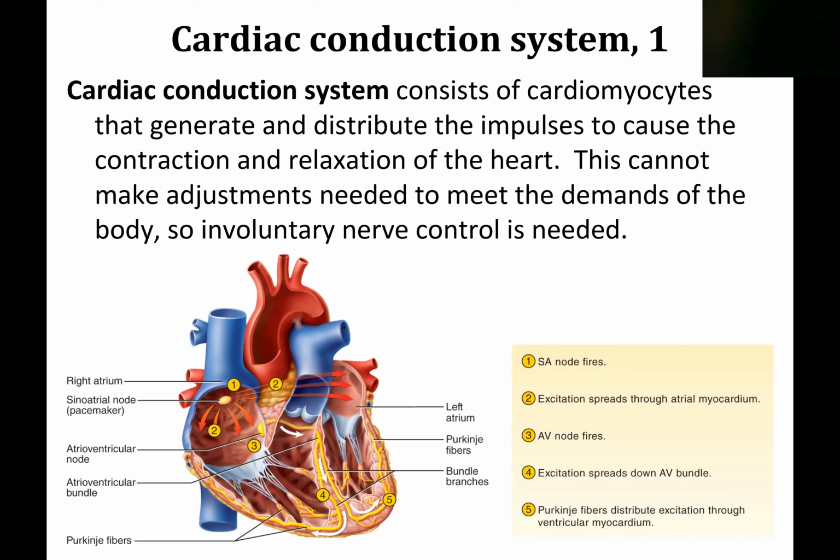And so that's why, yes, we do have nerves attached to the heart so that we can either increase or decrease heart rate because of what's going on in the body. So, the cardiac conduction system: the cardiomyocytes or cardiac muscle fibers, whose job it is to generate and distribute the impulses. It's not there to contract and relax.